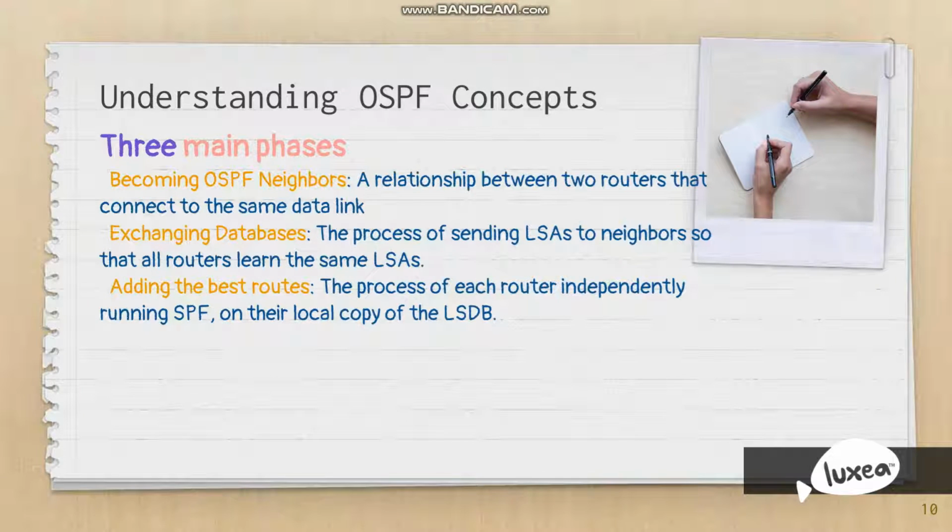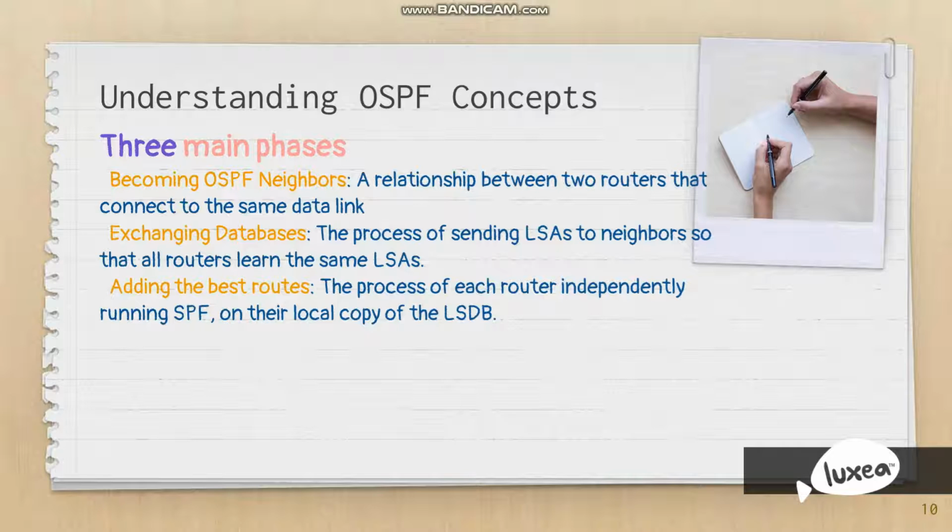And next, OSPF LSAs do not have the specific information that a router needs to add to its IPv4 routing table. Basically, the router can't just copy from the LSDB into the IPv4 routing table. In addition, the router must do some SPF math to choose the best routes.